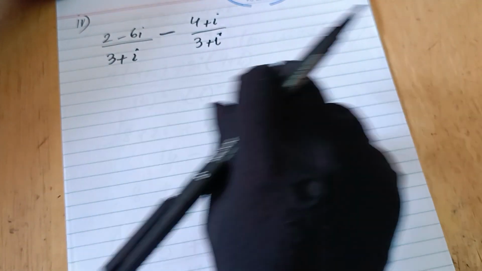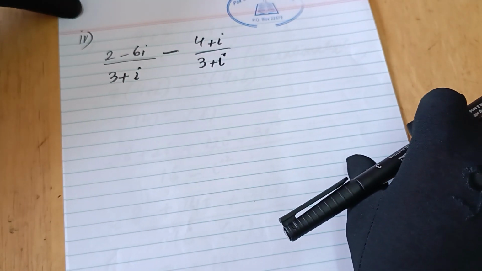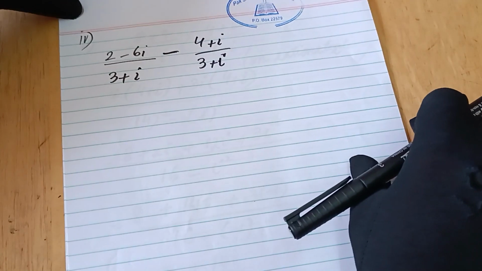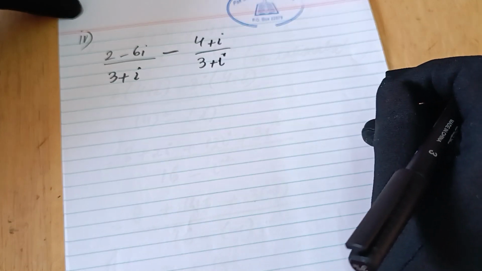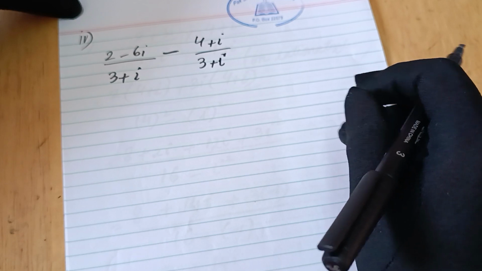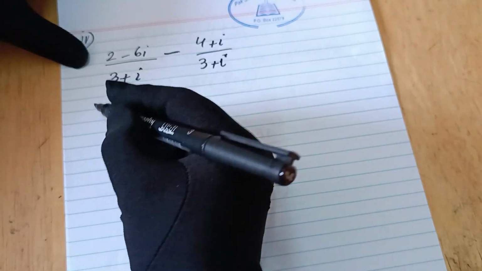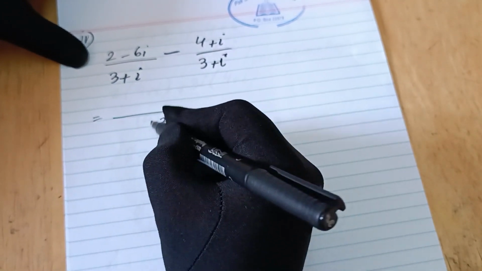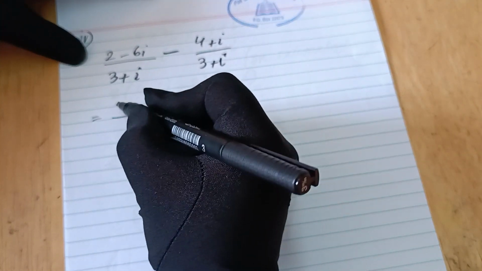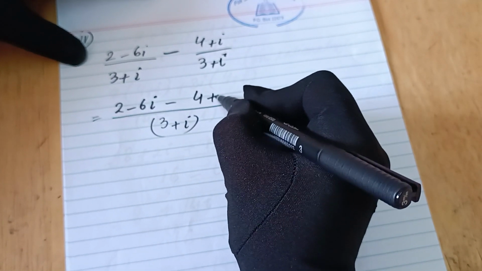Luckily, the denominator is same. Otherwise, if the denominator is not same, we have to make the denominator same and then solve the next fractional part and do the next solution for the question. Here, the denominator is same. We will write it one time and collect the numerators. 2 minus 6 iota minus 4 plus iota.